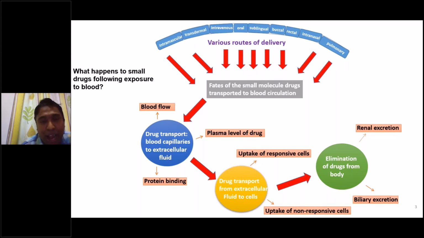Ultimately, the drugs will go to the different organs, and among them there could be target cells or non-target cells or organs. So you can understand that small molecule drugs, with any of the routes, distribute all over the body, including target organs and non-target organs.